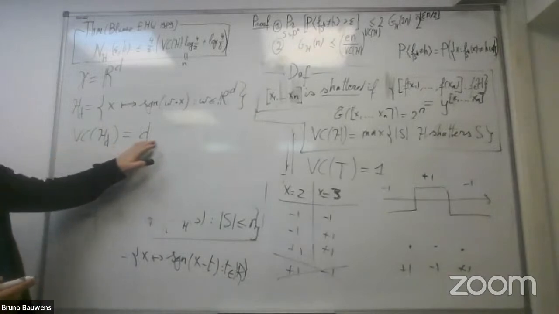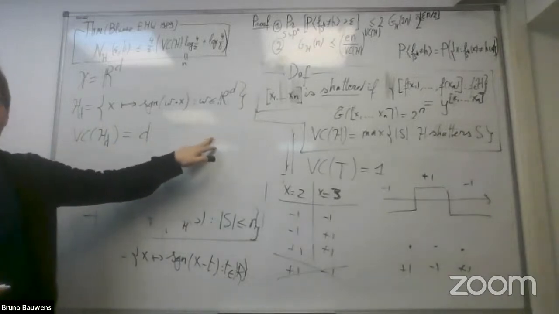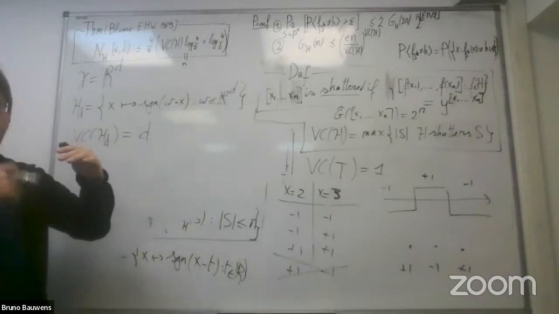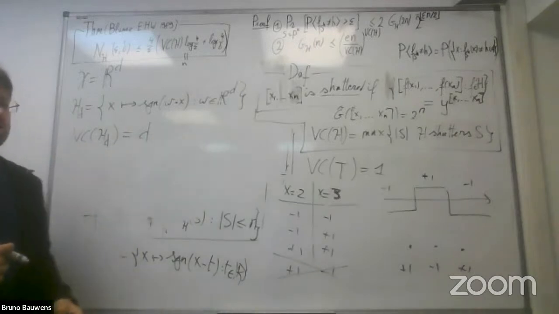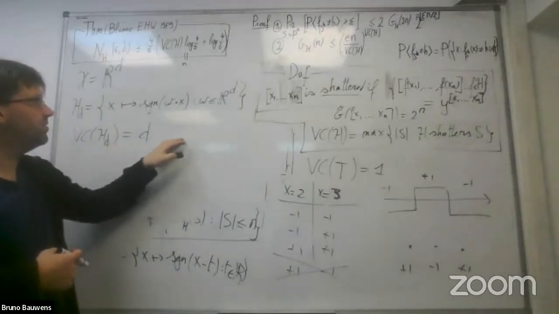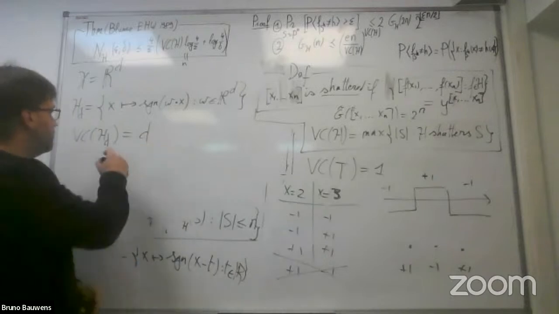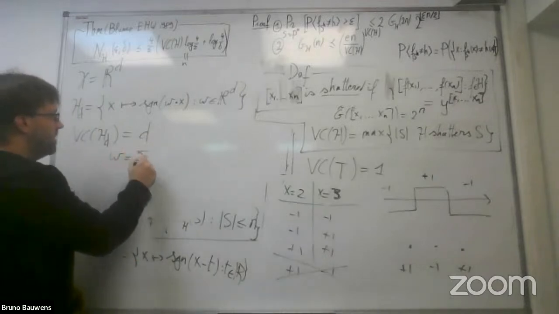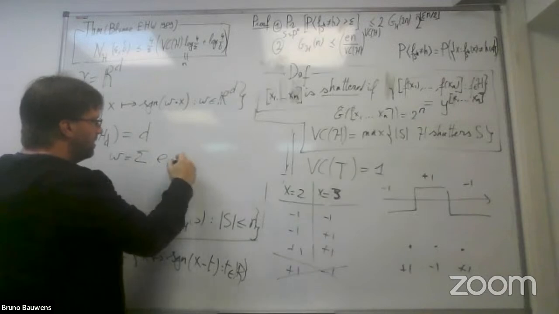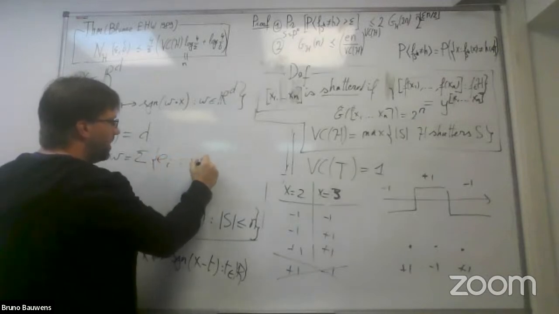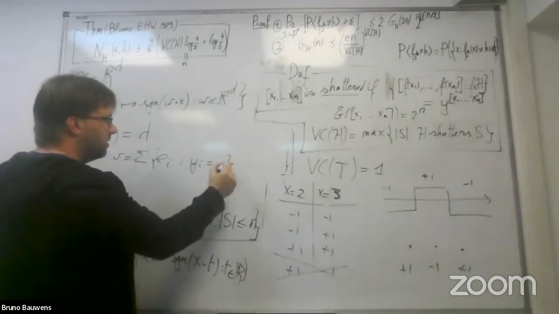So take the standard basis coordinates. It's d points, and we can shatter them as we want. Any dichotomy can be chosen by adding up: w is the sum of e_i for which y_i is equal to 1.